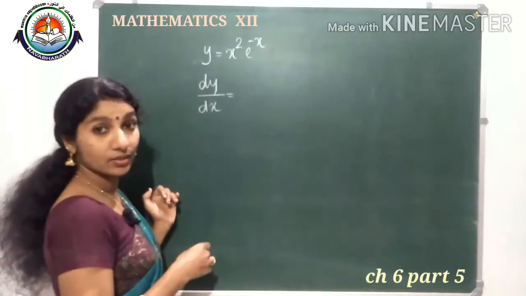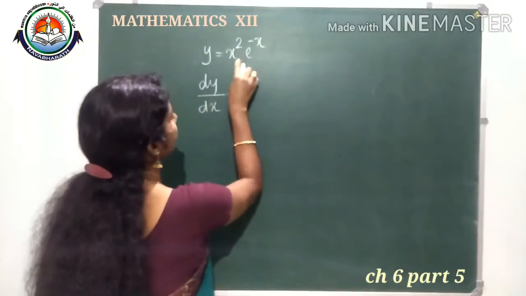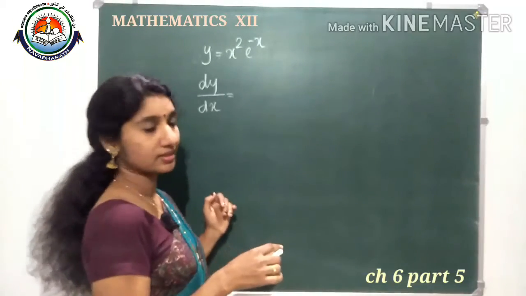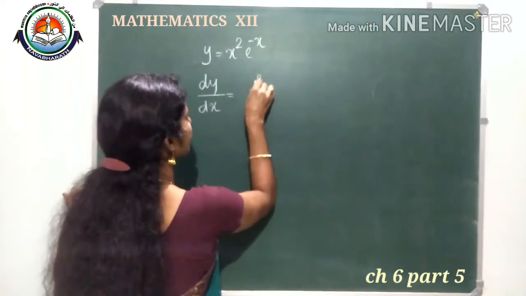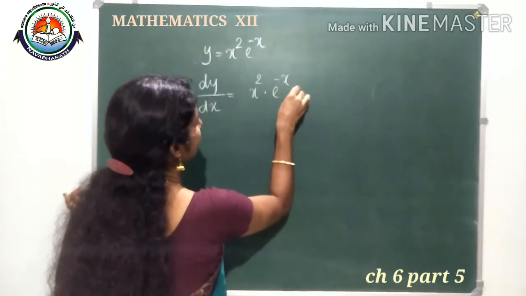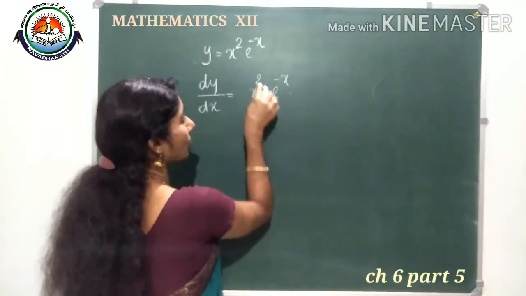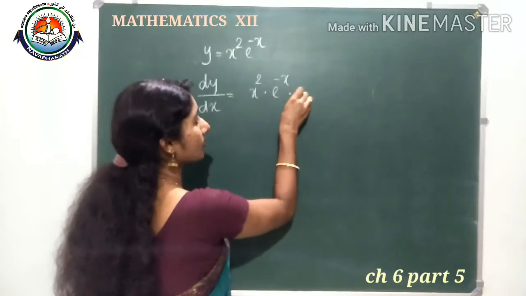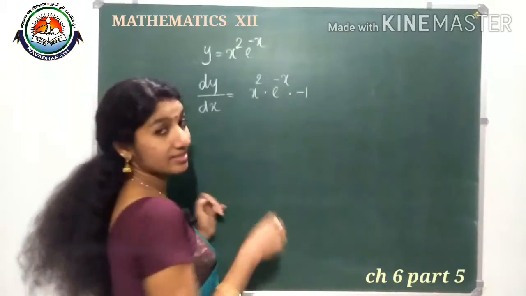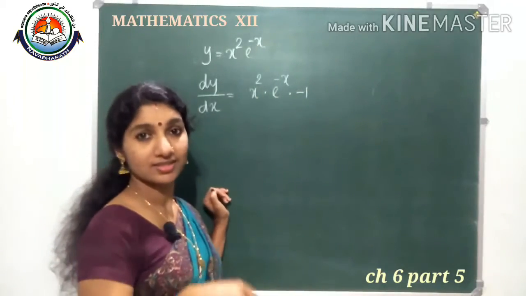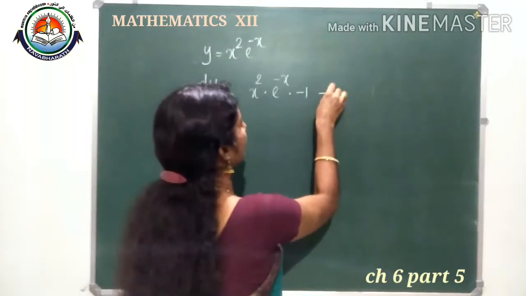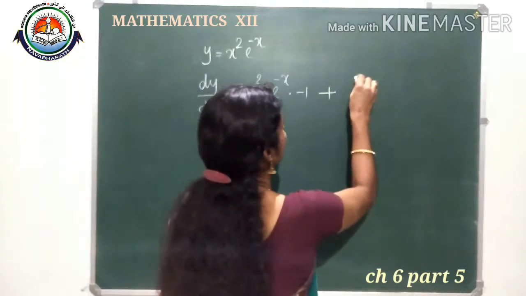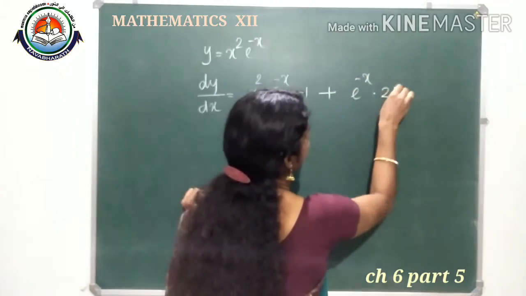Dy by dx equal to, here we need to apply the product rule for finding the derivative. First function into derivative of second: x square into e raised to minus x into minus 1, since the derivative of e raised to minus x is e raised to minus x into the derivative of minus x, which is minus 1. Plus e raised to minus x, we are writing x square derivative, 2x.